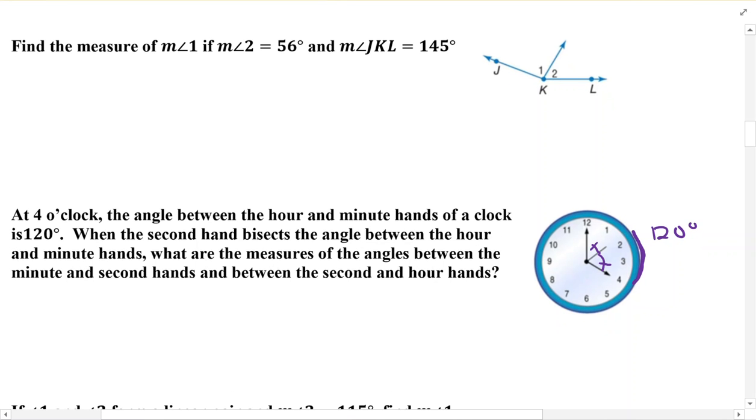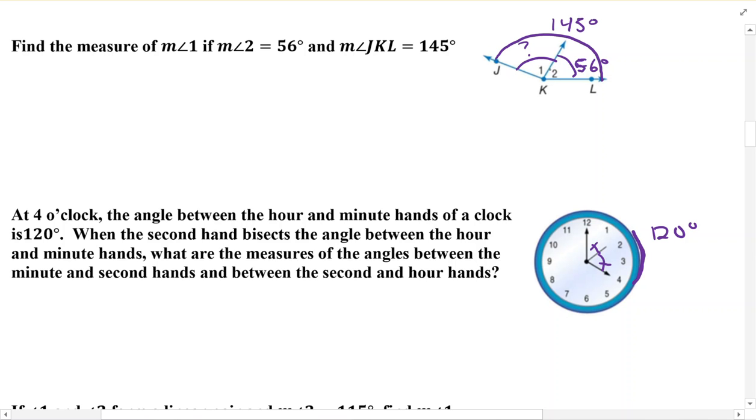In this problem, we're told that the measure of angle 2 is 56 degrees, and that the measure of JKL, this big angle here, is 145 degrees.